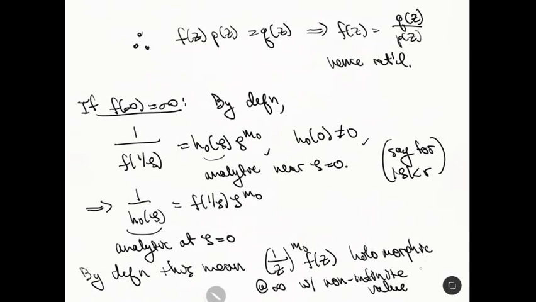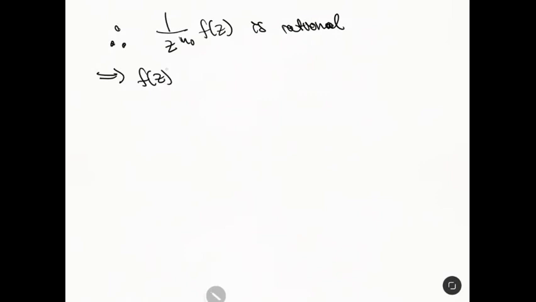So this is the previous case. And so by the previous case, this thing must be rational, which implies that f of z is rational. And we're done.